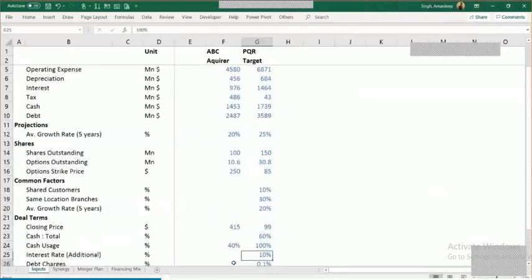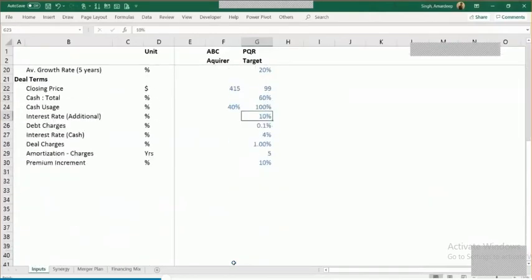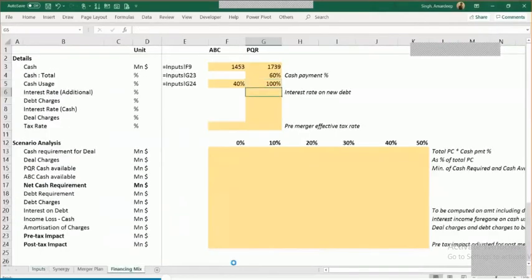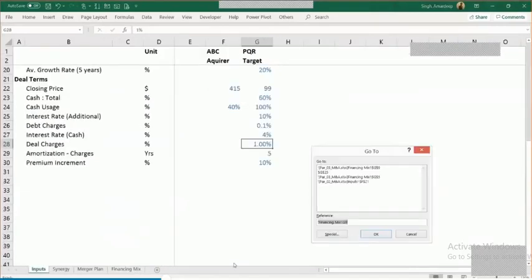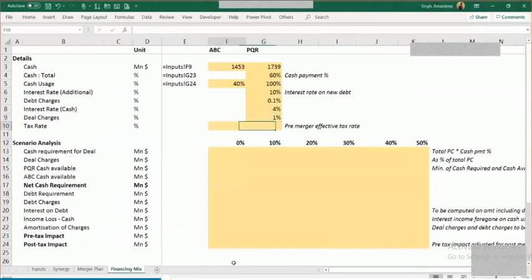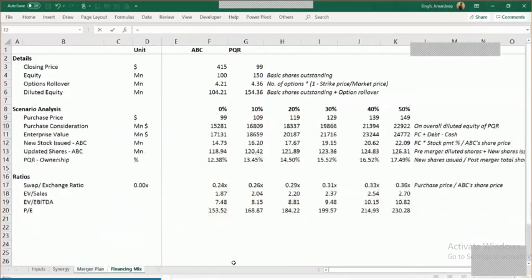And below that as well, we've got the interest rate, debt charges, plus deal charges given as 1%, and the tax rate. This tax rate I can simply pull from this energy sheet. We've got this tax rate.